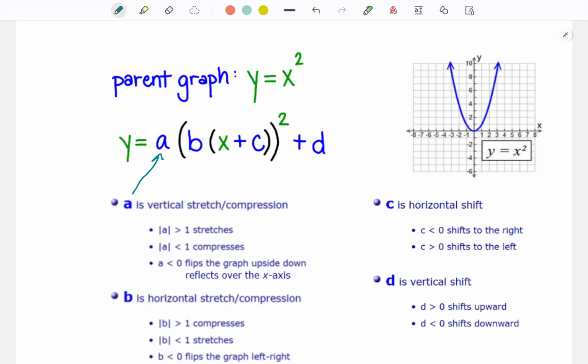And if it is less than 1, it causes what we call vertical compression or shrink. And of course, if it is less than 0, it flips the graph upside down and reflects it over the x-axis. So this is a reflection, a transformation all of its own.